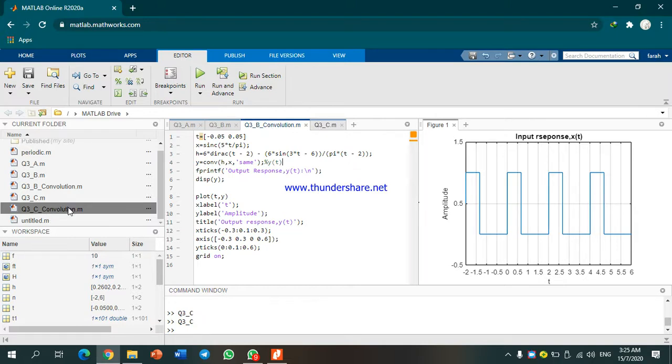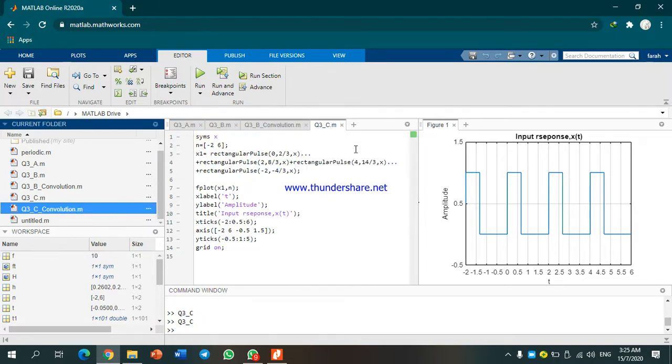This is the convolution. We showed the convolution function.